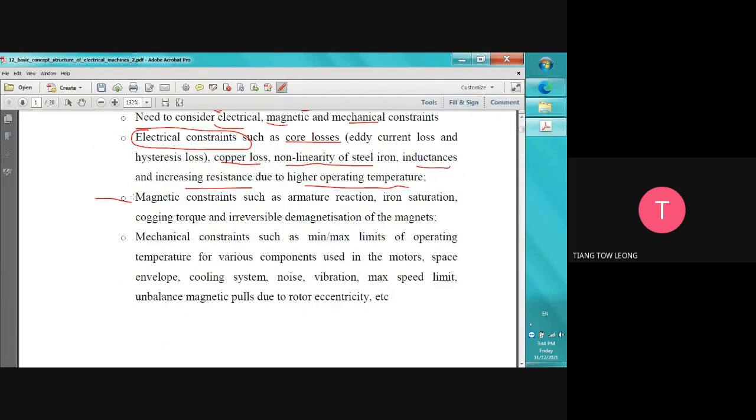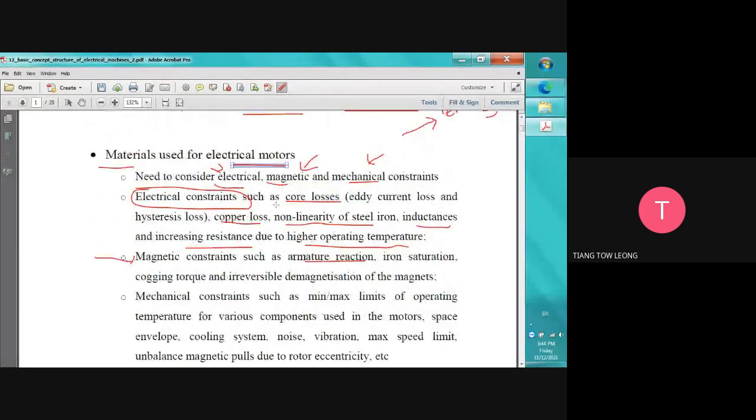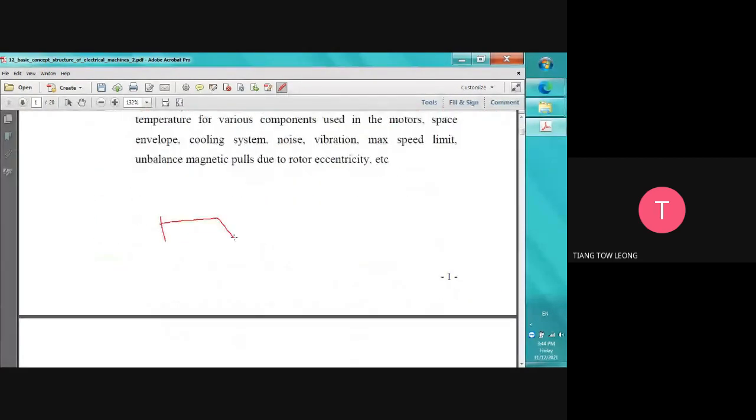Then magnetic constraints such as armature reaction. Armature reaction is the reaction due to the armature. If you still remember, this is a rotor field and this is a stator field. The rotor has north and south poles. Let's say this is the stator. It will attract like this.